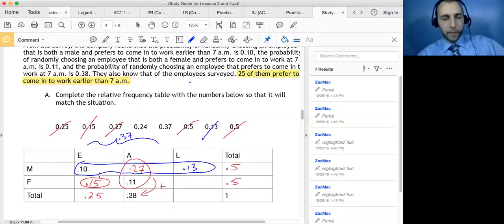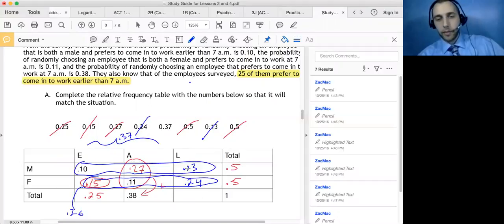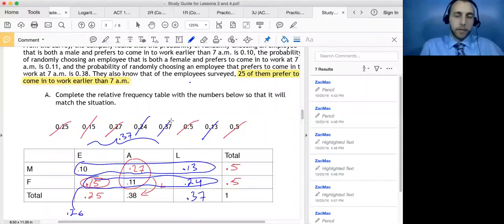Over here, I have 0.15 and 0.11. So that total would be 0.26. The difference between 0.26 and 0.5 would be 0.24. And then to get this final entry, I simply add 0.13 plus 0.24 and get 0.37. And I have now officially and effectively used all of the choices in the answer bank and filled this table.